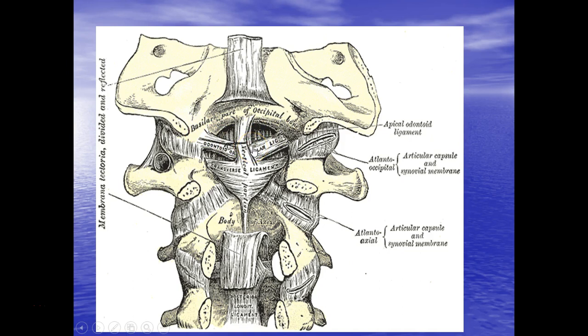Okay, and so these check any significant rotation motion of the head that might occur at the atlanto-occipital joint, and also check any lateral flexion motions that might occur or limit those motions at the atlanto-occipital joints.